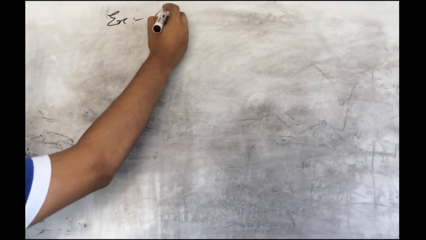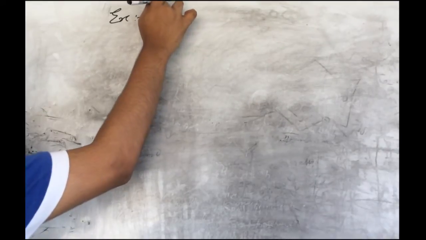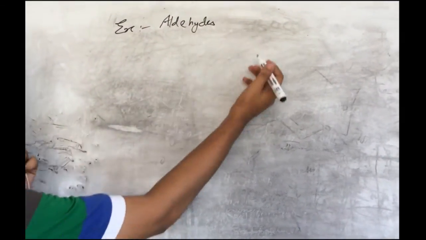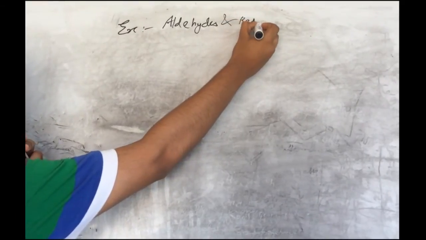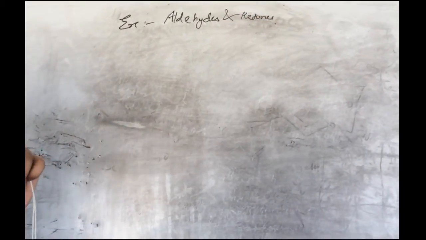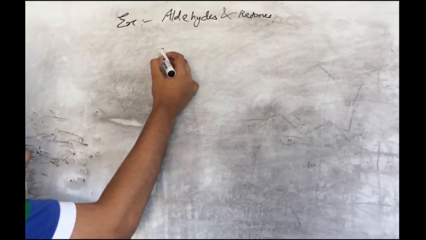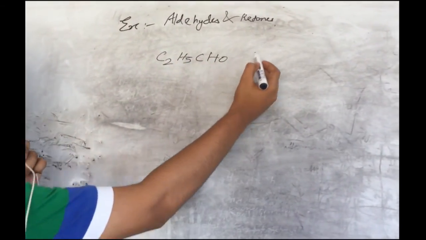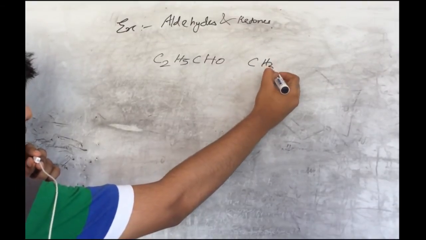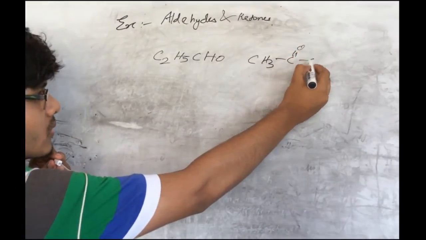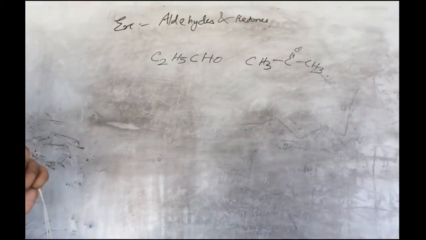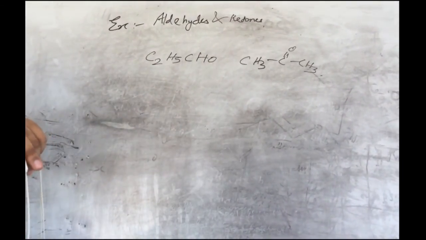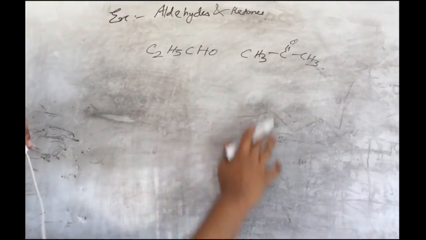In case of aldehydes and ketones, you can have many examples. One of the simplest is between C2H5CHO and CH3COCH3. As you can see, the molecular formula for both are same, but one is aldehyde, another is ketone.